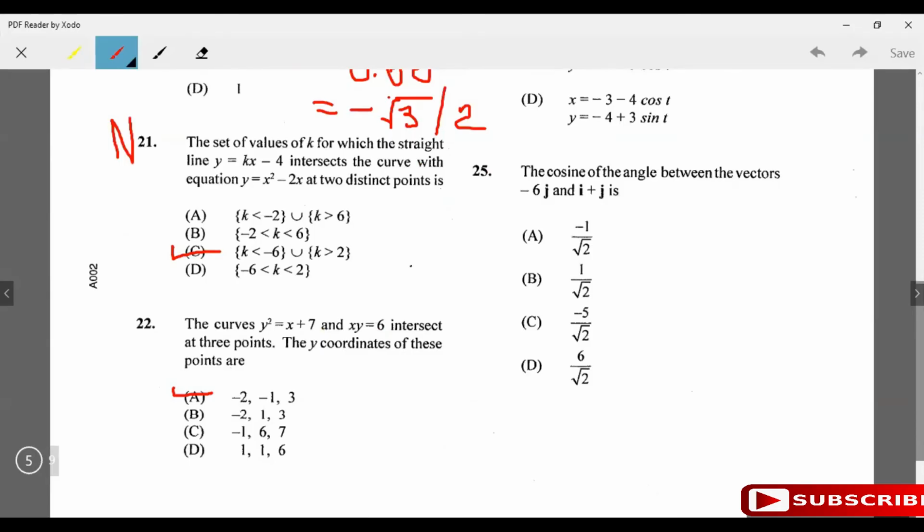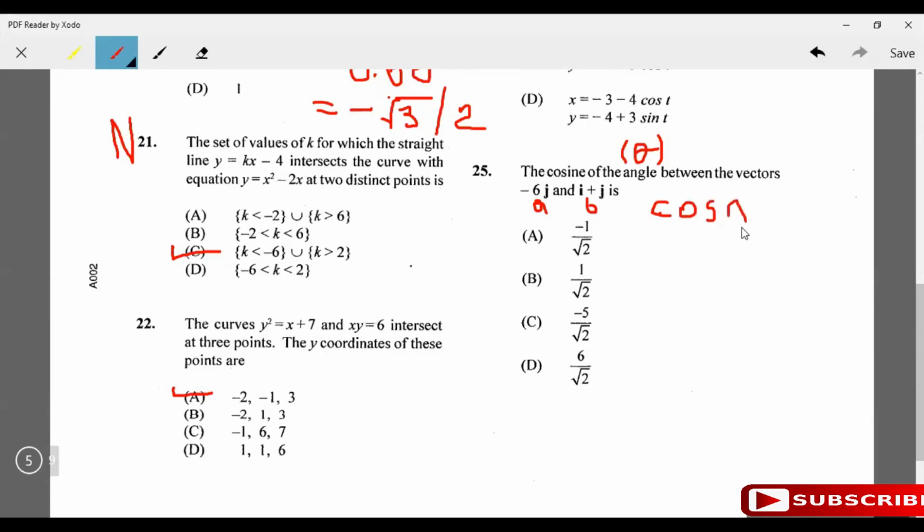Question 25, it's asking for the cosine of the angle between two vectors. Now, in order to find the cosine of the angle between two vectors, let's call that angle theta. Let's call this vector A and this vector B. So what do we know about angles between vectors?